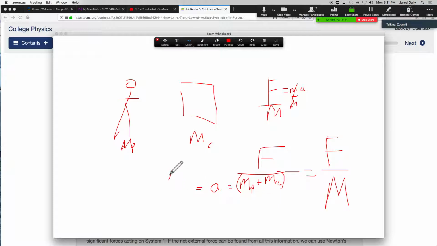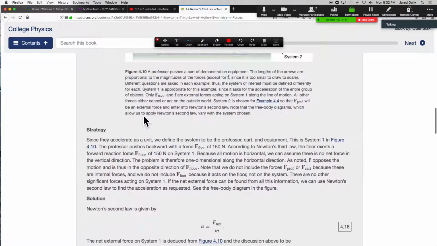But on the other side, we have a smaller force with a smaller mass, with just the mass of the cart and just the force that the professor is pushing on the cart with. So you can get a small thing over a small thing gives you this acceleration, or a big thing over a big thing can give you this same acceleration. So lots of ways that can happen. So let's actually go and do the problem.